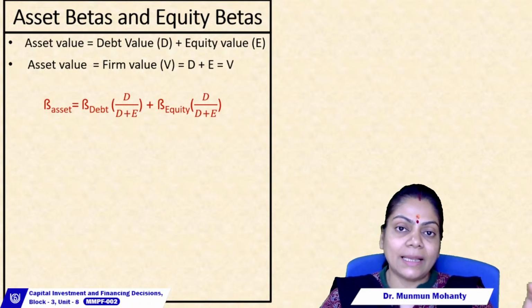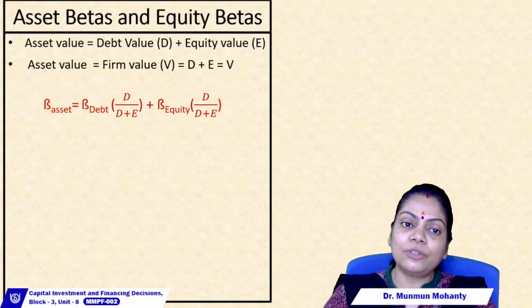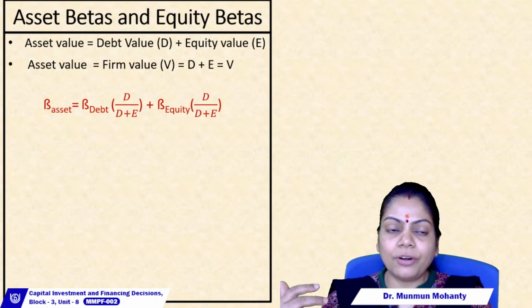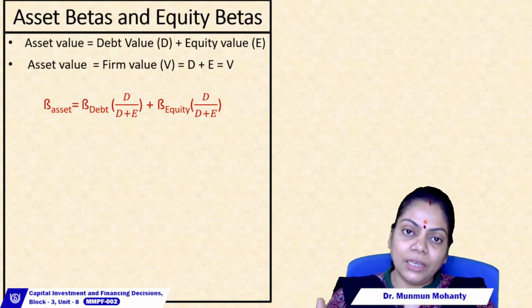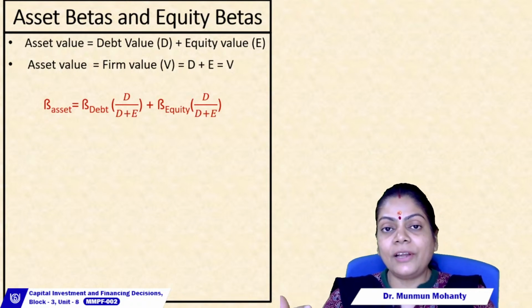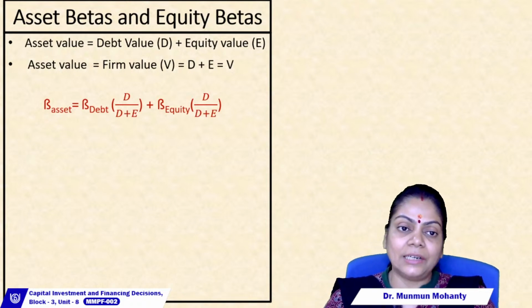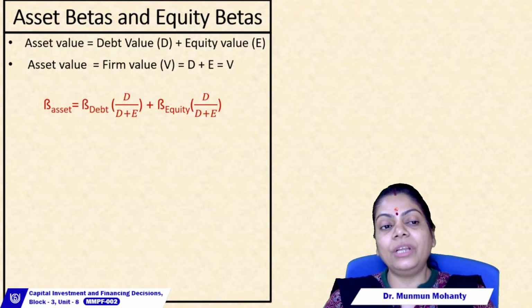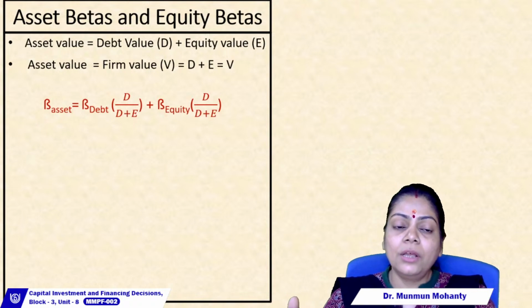The right hand side is my source of funding, and the left hand side is my use of that particular fund. So the firm value is nothing but the total asset value, that is the value of the debt D plus the value of equity E. So the firm value V is nothing but D plus E.